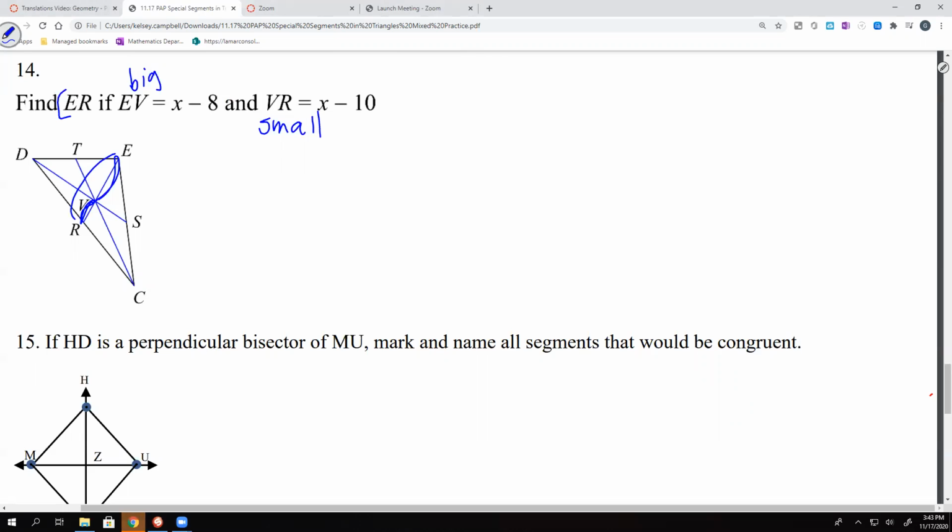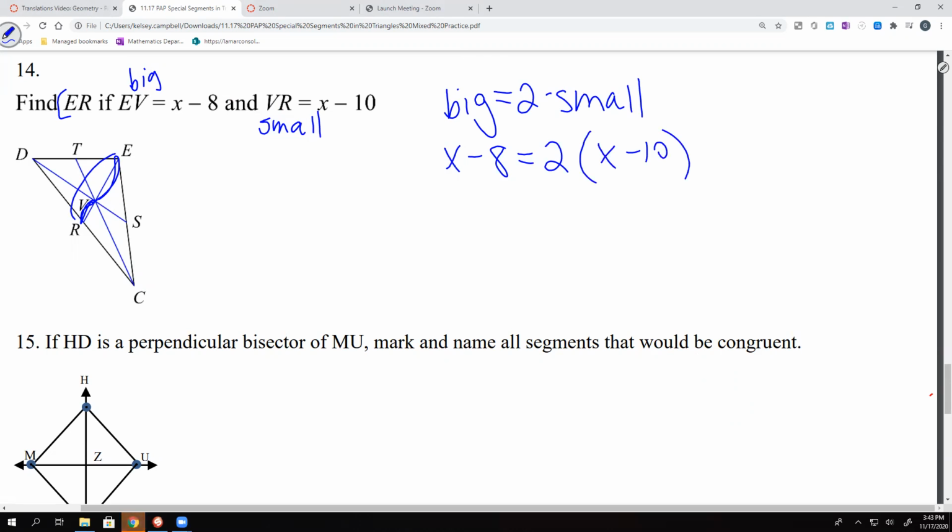So we need to find the relationship between the big and the small, which we know the big one is 2 times the small one. So we just plug in. So EV, big one, x minus 8, is equal to 2 times my small one, x minus 10. And now we're going to solve for x.